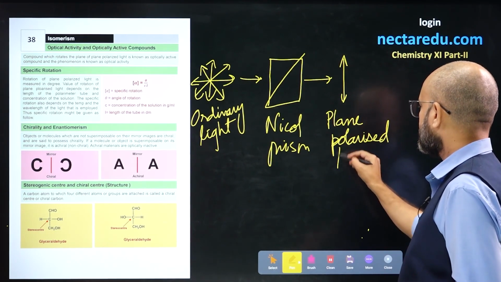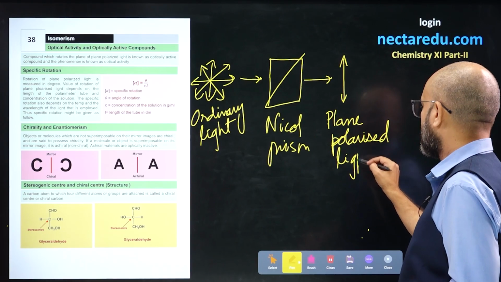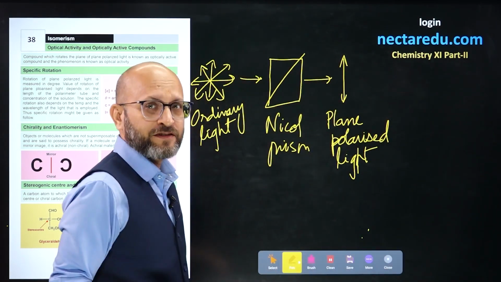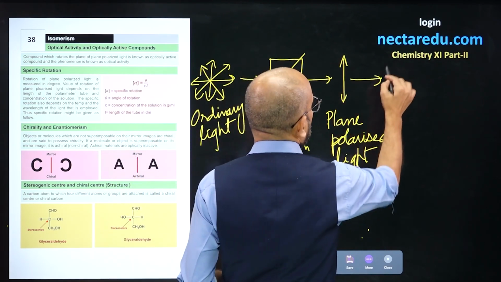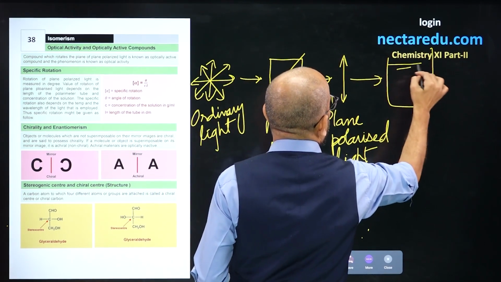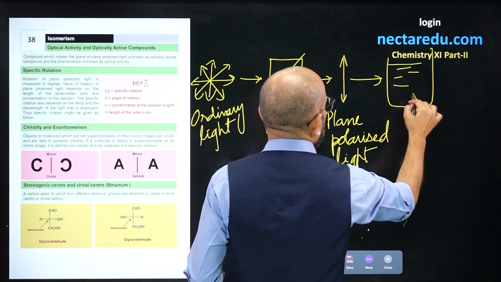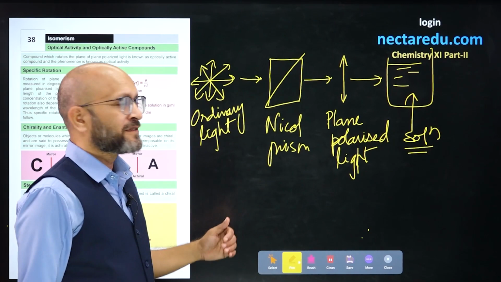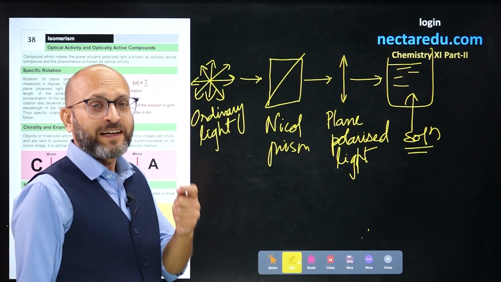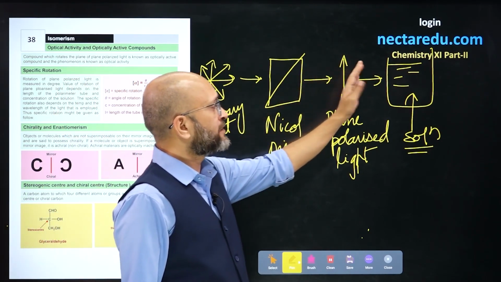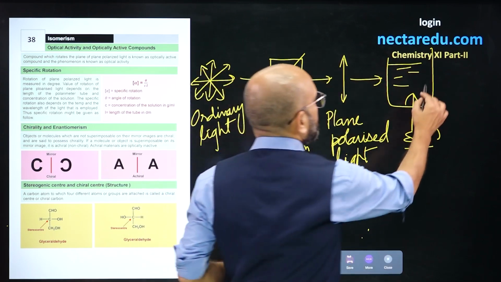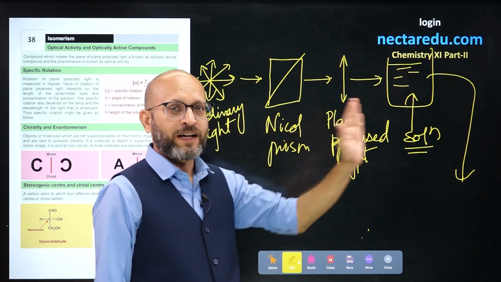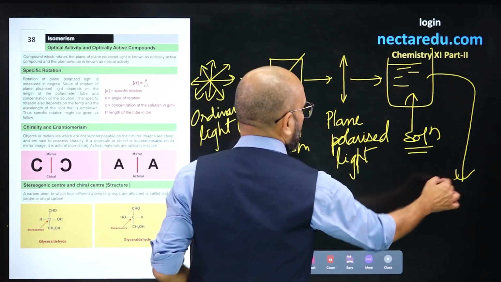So what happens when plane polarized light is passed through a solution of an organic compound? There are three possibilities.